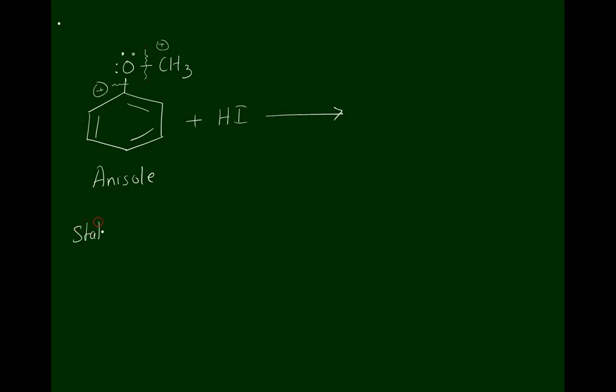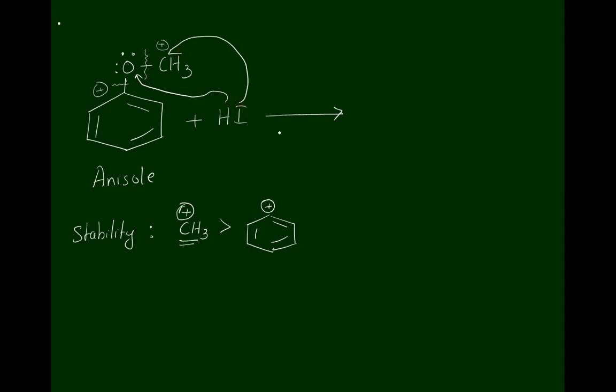If I check the stability, a normal carbocation is more stable than a phenyl carbocation. Therefore, this hydrogen atom attacks this oxygen atom and this iodine attacks this carbon atom because this carbon atom is more stable. So it follows the SN2 mechanism but not the SN1 mechanism, to form the respective phenol as well as methyl iodide.